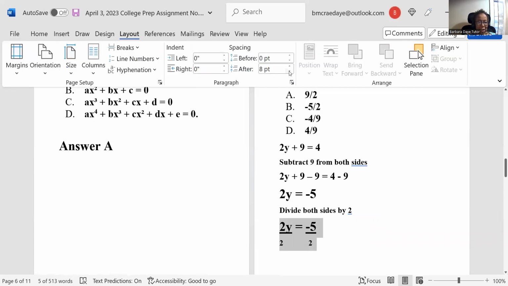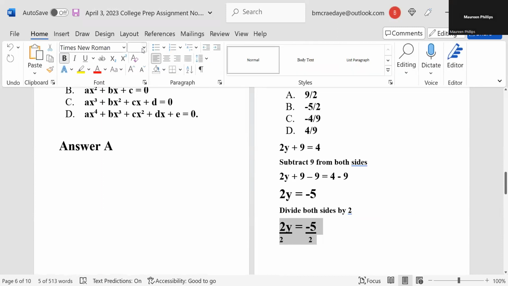Maureen, what's the answer? I said the answer was B. If we divide both sides by 2, we have y equals minus 5 over 2, which is just minus 5 halves.